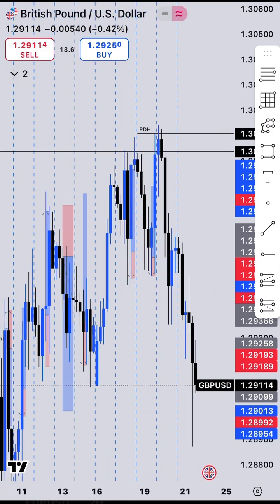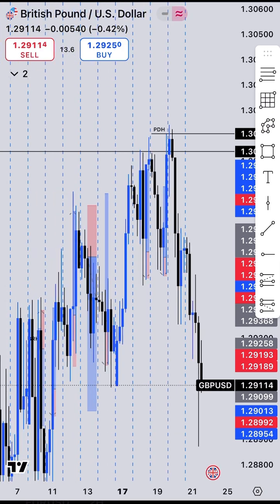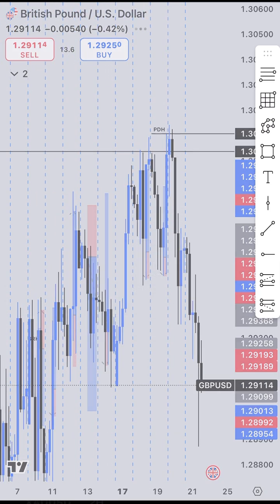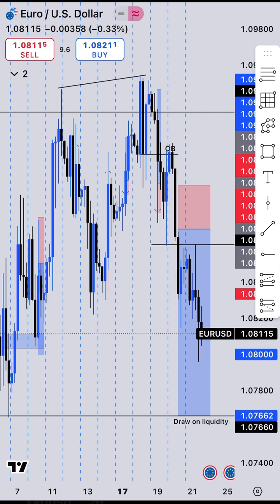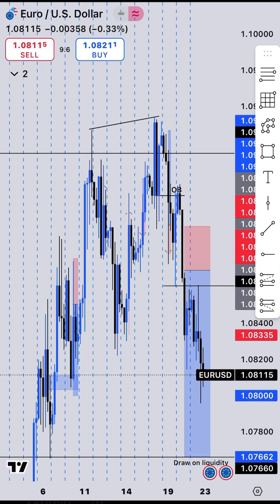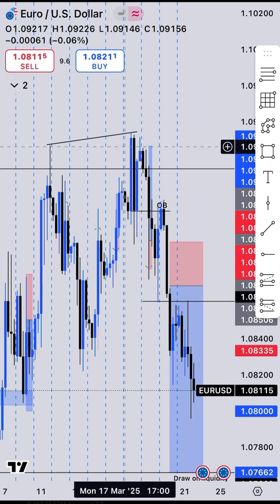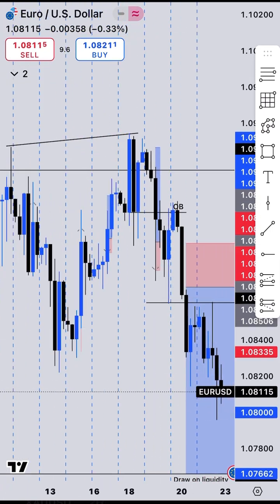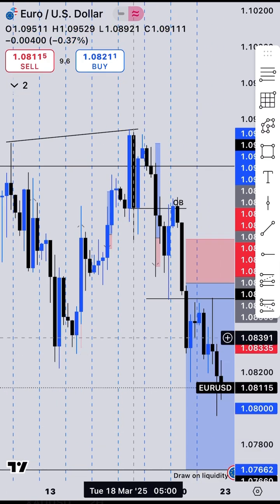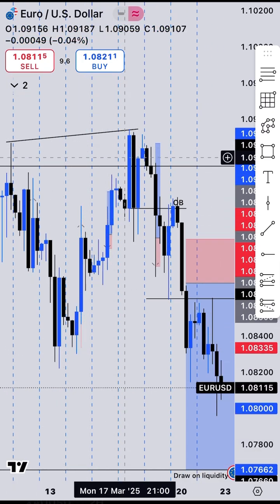On Thursday there was a GBP high impact news. And on Euro USD immediately, because you know those two pairs are correlated pairs. This is the 4 hours time frame, guys.